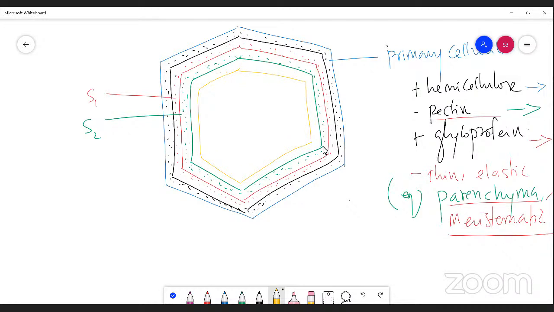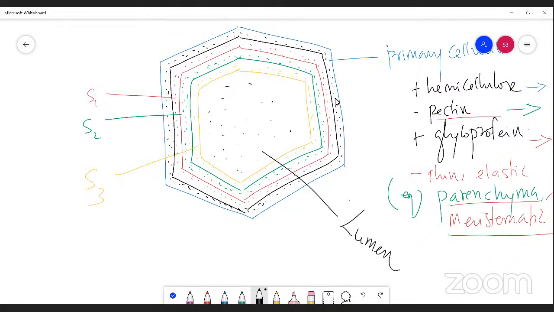Please understand, dear students, S3 is indicated by yellow in color. This S3 layer is very close to the lumen. The center part is the lumen or cell lumen, in which you can see cytoplasm.